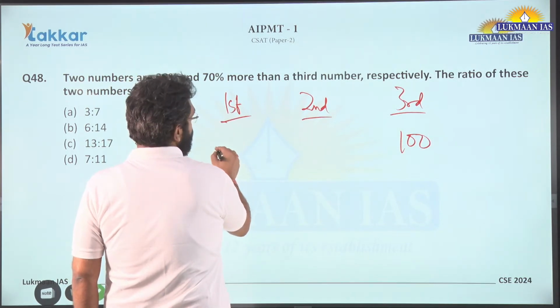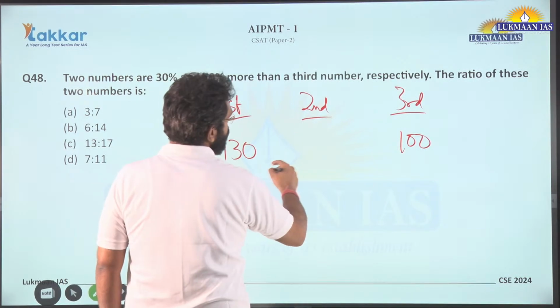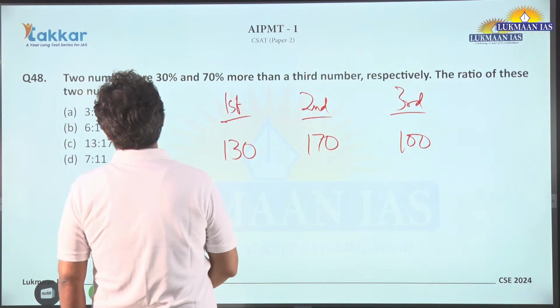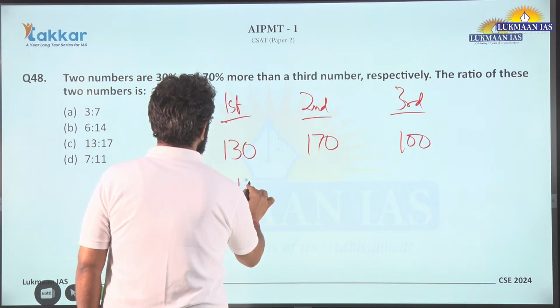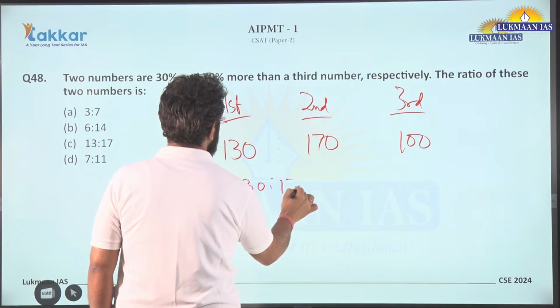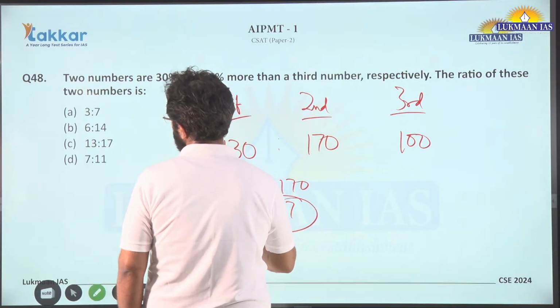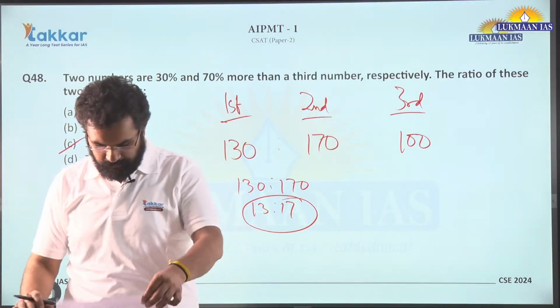The first number is 30% more than 100, that is 130. The second number is 70% more than the third number, 170. And the question is asking the ratio between these two numbers. Option C, 13:17 is the right answer.